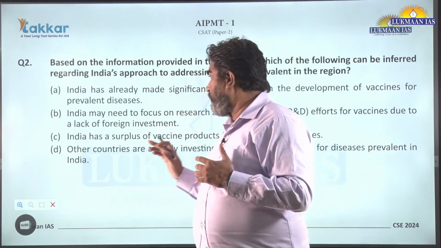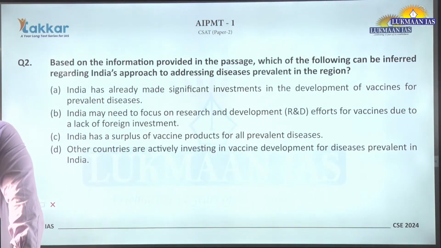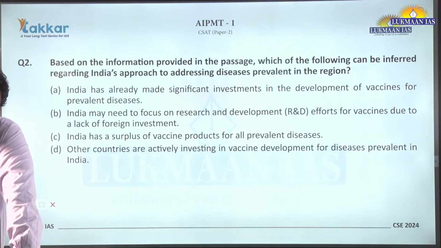The inference is that India may need to focus on research and development options for vaccines due to lack of foreign investment. It is not directly written, but if the world is not doing it, and India is specifically suffering from the problem, then this has to be inferred.